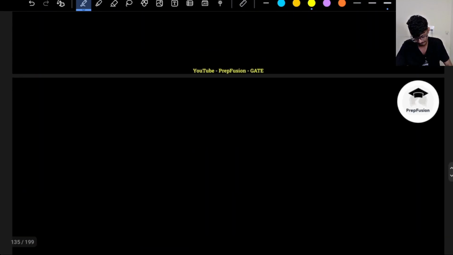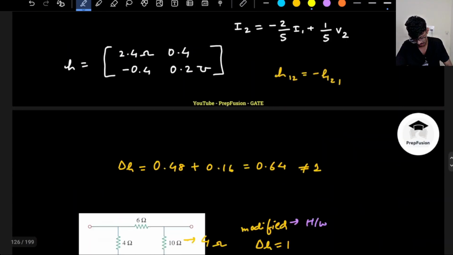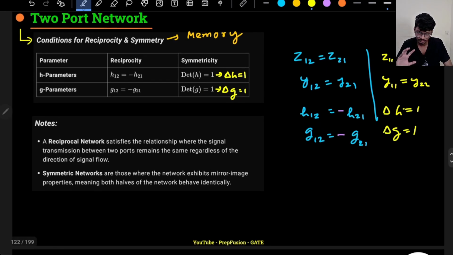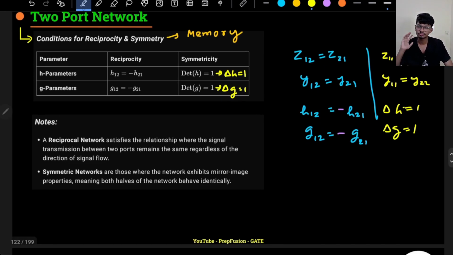The condition for symmetricity is determinant of H equals 1, and also determinant of G equals 1. So how do you remember? You first remember the condition for symmetricity and reciprocity for impedance and admittance parameters. Z12 equals Z21 for reciprocity, Y12 equals Y21 for reciprocity, Y22 equals Y11 for symmetricity, Z22 equals Z11 for symmetricity.